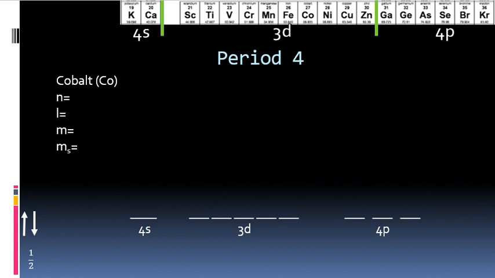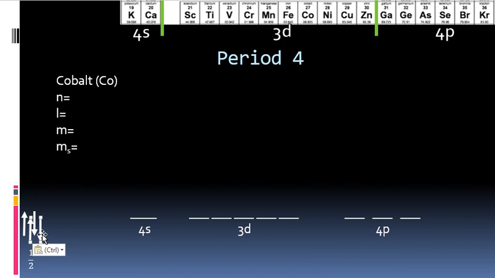Going even further into the period 4 d block elements would be cobalt. Now, if we count up cobalt, it is essentially 1, 2, 3, 4, 5, 6, 7 elements into the d block. So that means that we have 7 d electrons as well as the 2 s electrons, so a total of 9 electrons to think about.